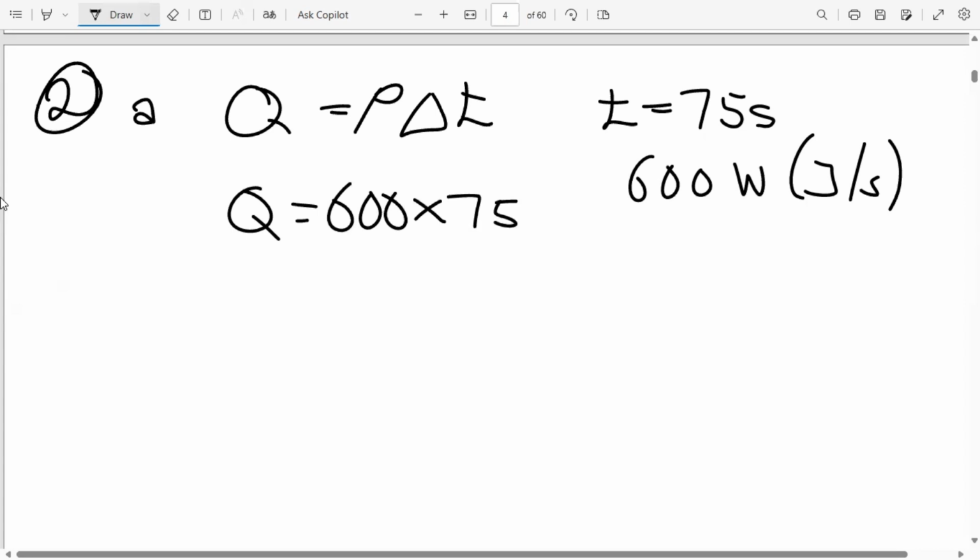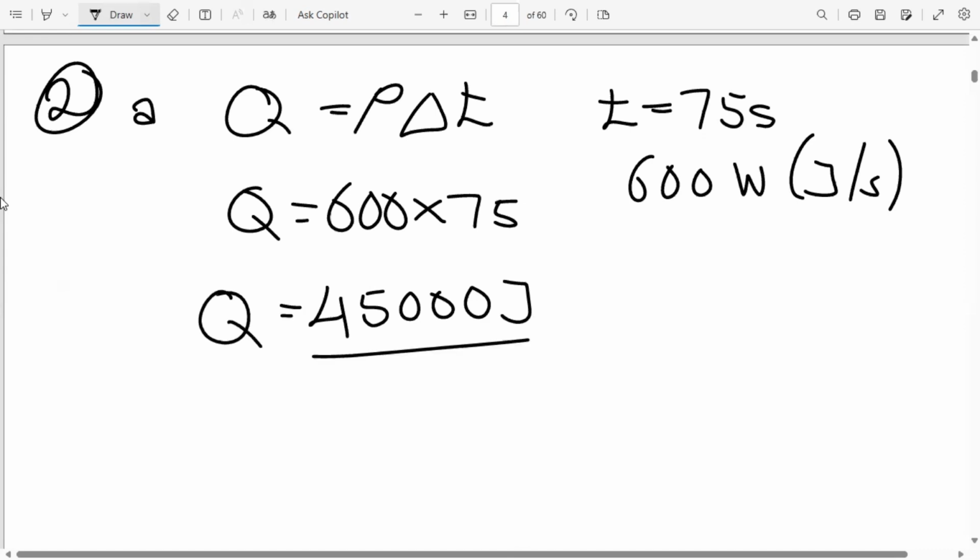Let me just plug this into my calculator. 600 multiplied by 75. This is 45,000 joules. So Q is equal to 45,000 joules. And now that we found the thermal energy that is being absorbed, we're getting this thermal energy and plugging it into this formula.